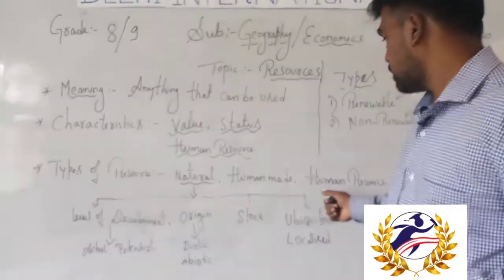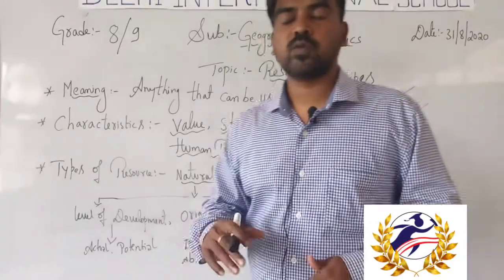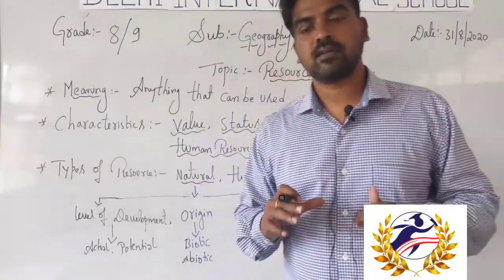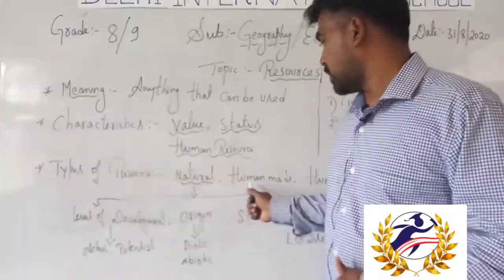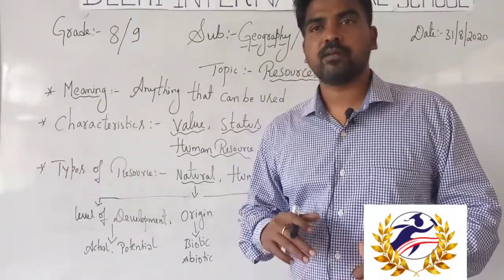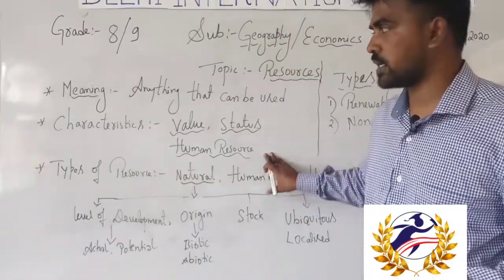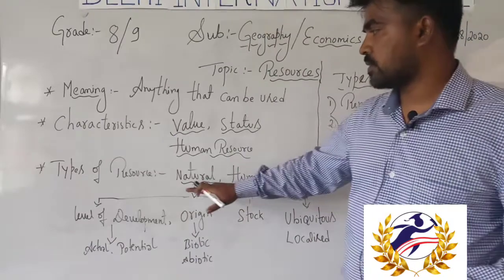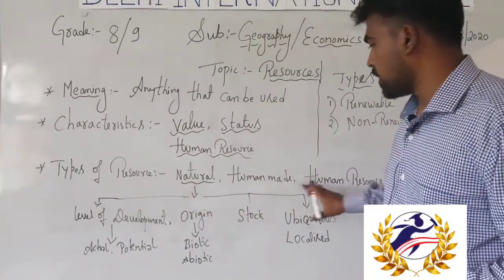So we call them human-made things and human resources. We human beings are a very good example of human resource. To satisfy our needs, we have made our life comfortable, so these are called human-made things. So like this, the resources are categorized into natural, human-made, and human environment.